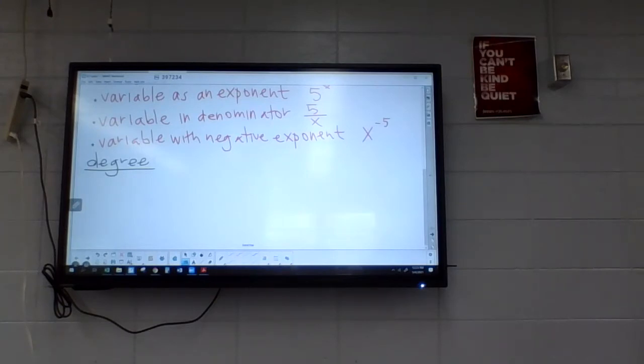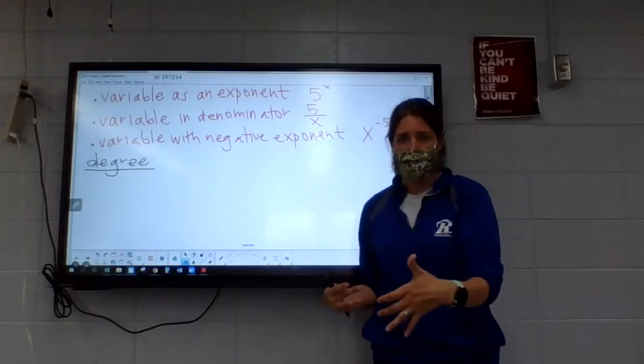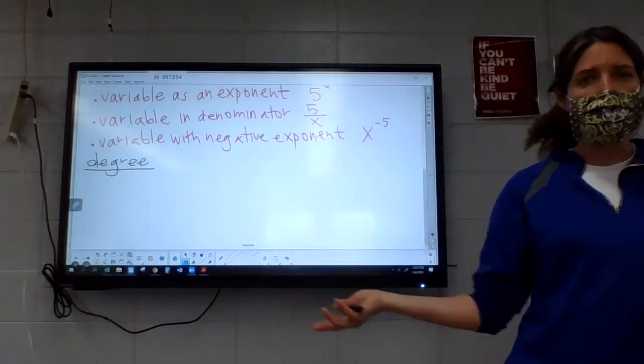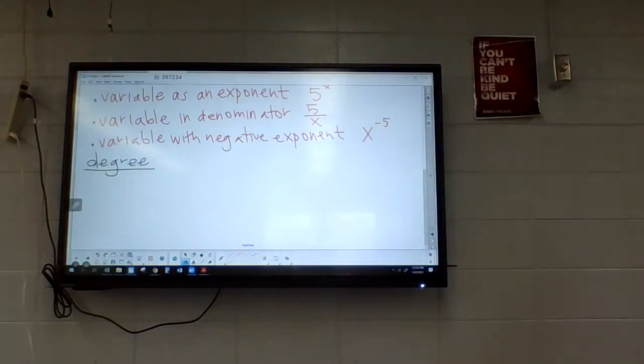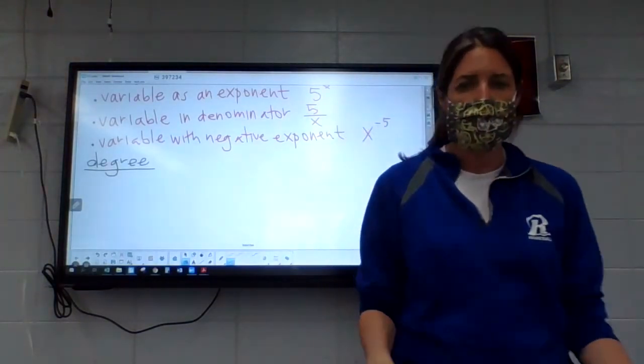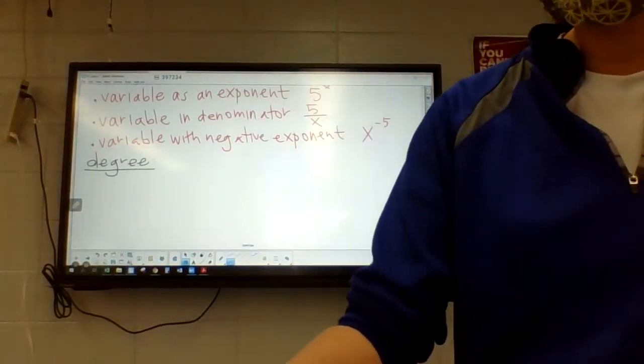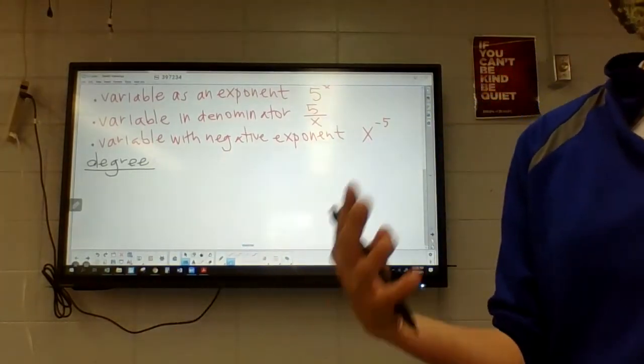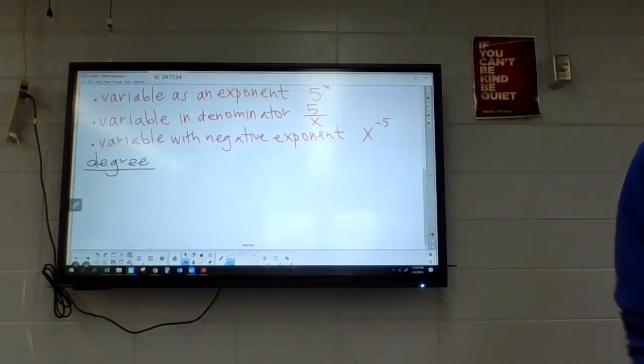Actually, in math, it has lots of different meanings, and in algebra, it has a different meaning than in geometry. Someone said, are they talking about temperature? No, this has nothing to do with temperature. They're not talking about angles. So degree in algebra is a little bit of a strange thing. Every time they use it, it might have a different meaning, which is a little bit confusing. But right now, we're going to deal with it this way.